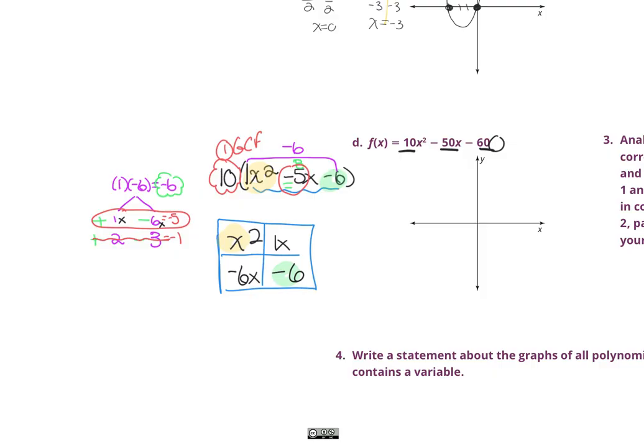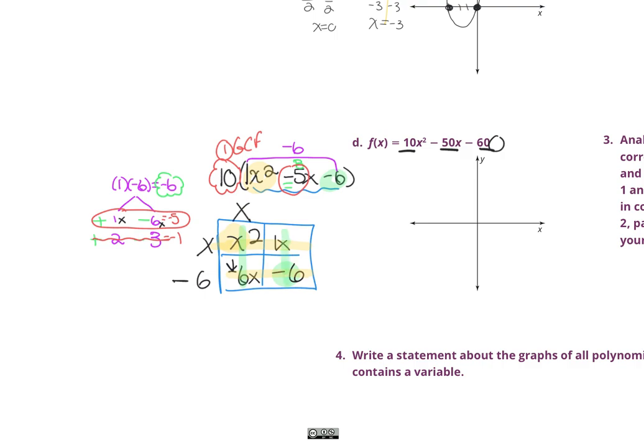So right here, side to side, those both have an x in common. And then right here, side to side, those both have a 6 in common. But remember, it's negative. The box I'm touching is negative, so this should be a negative 6. Up and down right here, these both have an x in common.